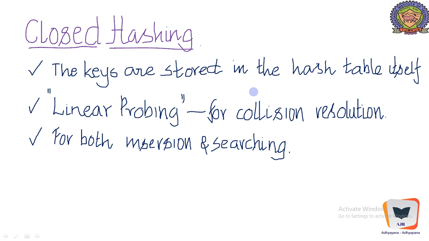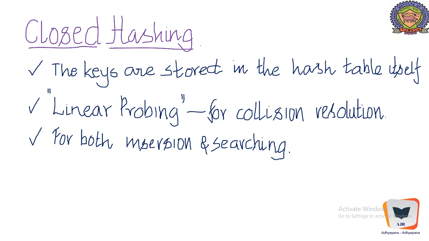Of course, this implies that the table size m must be at least as large as the number of keys n. Closed hashing is especially applicable in dynamic database management systems wherein keys are inserted, deleted and searched more frequently than in a static database.